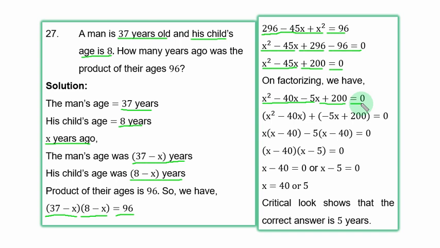So the first 2 terms form the first bracket and the last 2 terms form the second bracket. From each group, you factor out what is common. From the first group, you factor out s. So if s divides through s squared minus 40s, you have s minus 40. The first term needs to be positive.